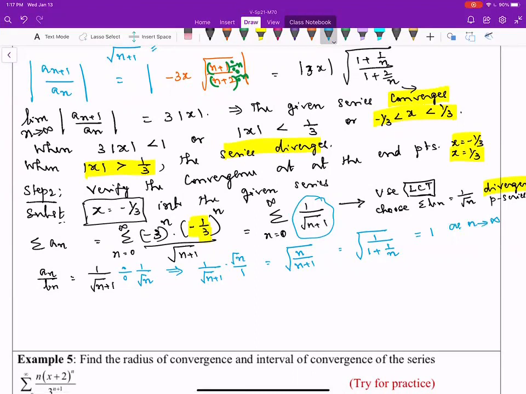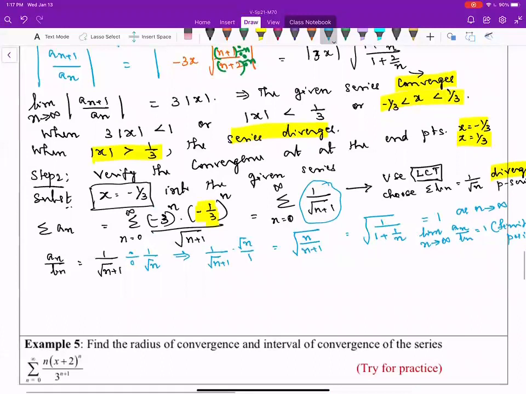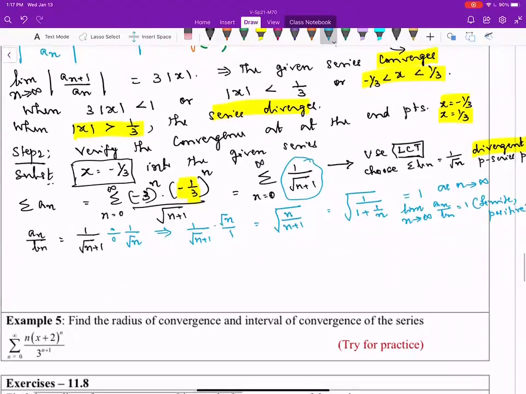So if you do limit as n approaching infinity, an over bn equal to finite positive. As sigma bn diverges, sigma an also diverges.